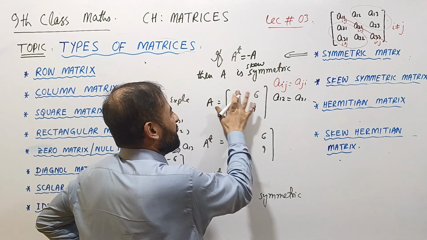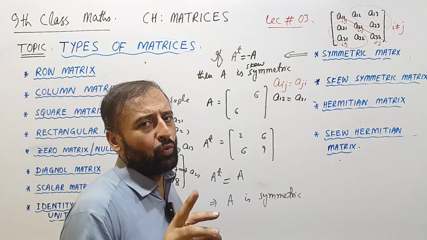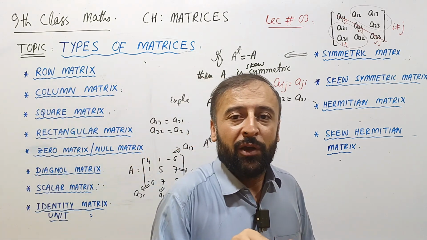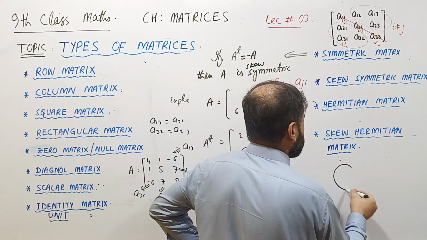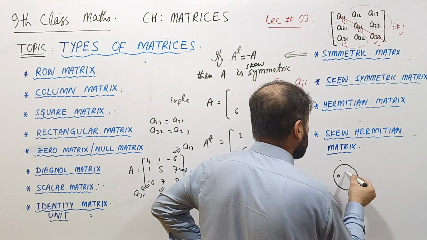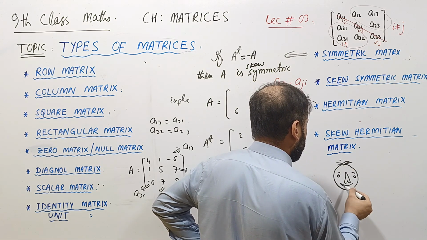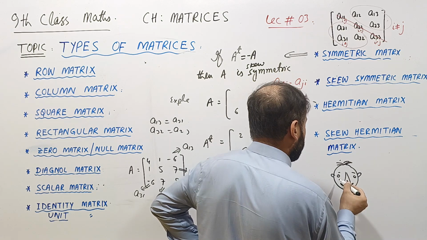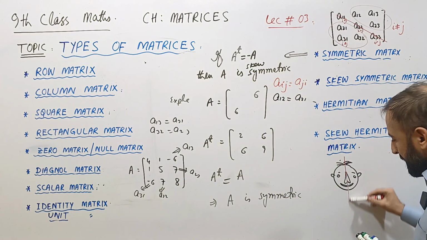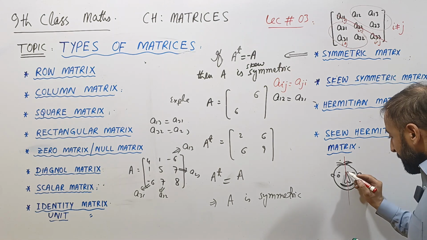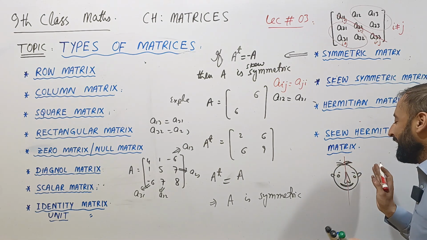The condition is, by the way, symmetric means something having two equal portions opposite to some line. For example, you have this face of a cartoon, or you say a human. If you slice this face with this line, you see the portions opposite to this line are the same, they are alike.